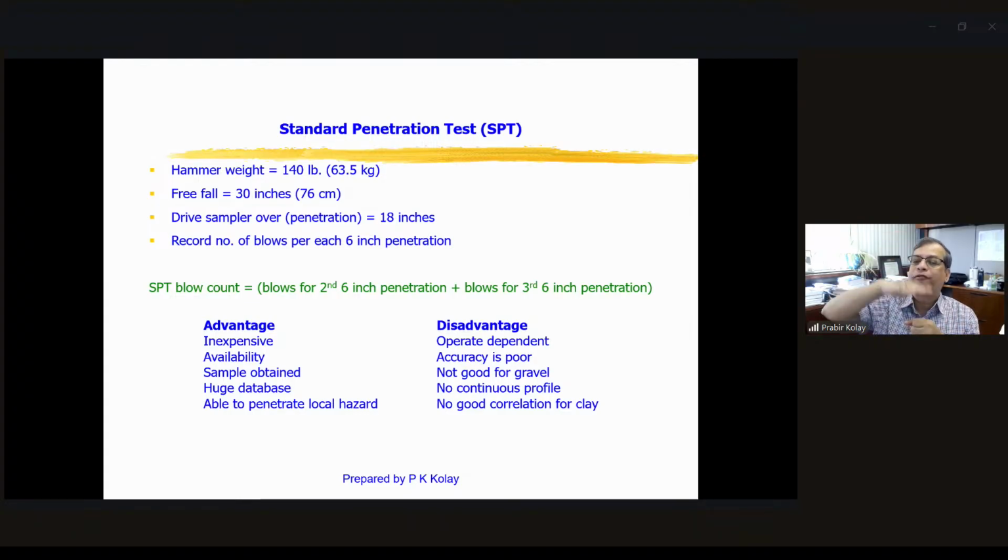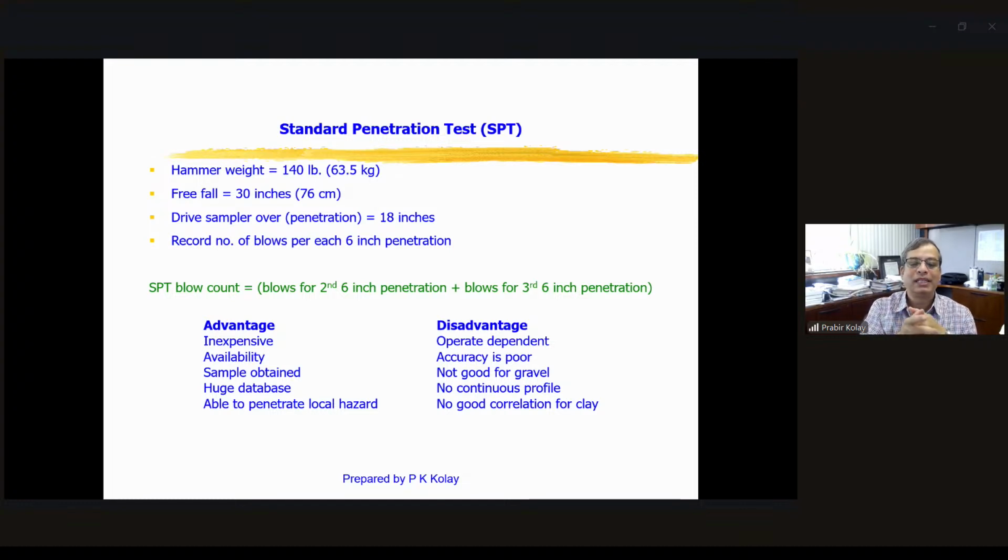The total penetration is 6 inches plus 6 inches plus 6 inches into the ground, and we have a standard SPT sampler. The first 6 inches you just ignore. For every 6 inches of penetration, you count the number of blows. That is the raw N value. For the first 6 inches and the second 6 inches, you add the number of blows, and that will be the actual SPT value.